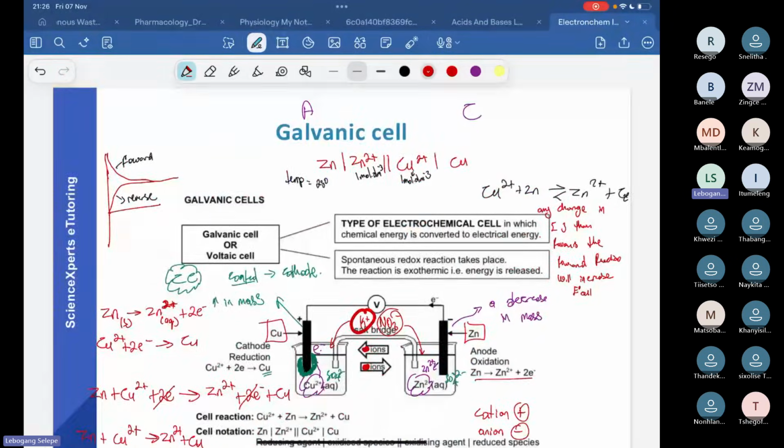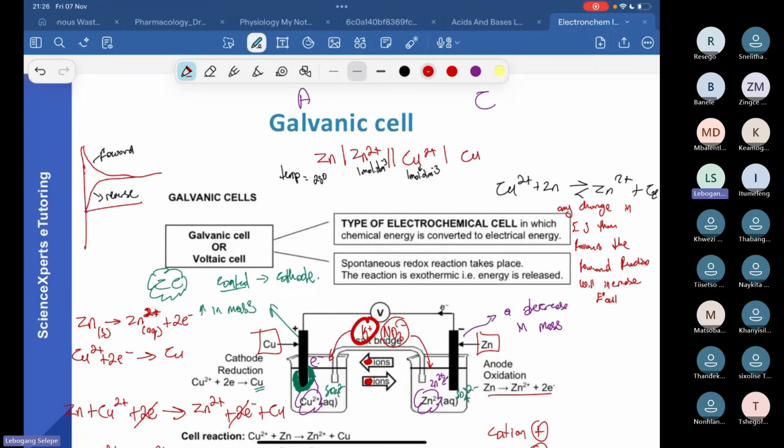The opposite is true. Any change that decreases the rate of the forward reaction would decrease the cell potential, or any change that favors the reverse reaction would decrease the cell potential. Are we all on the same page, guys?